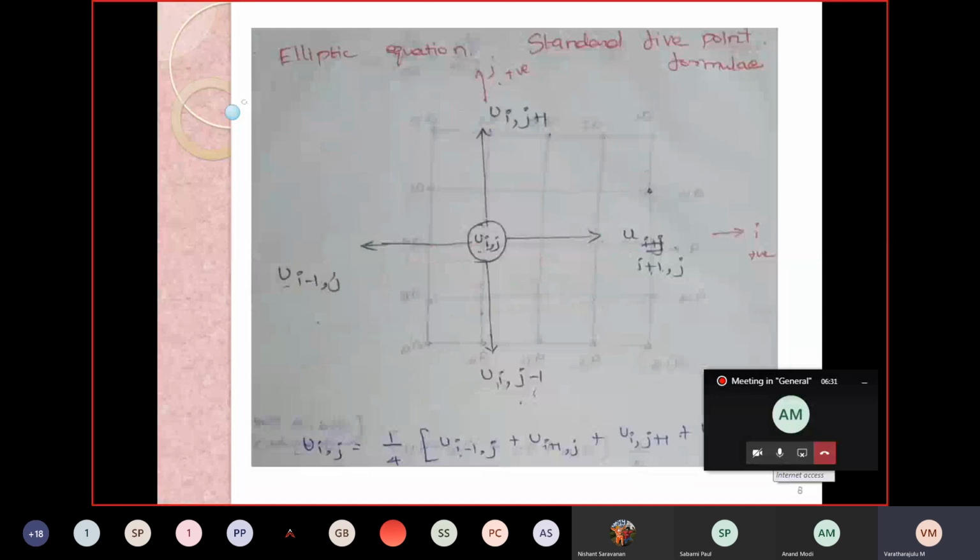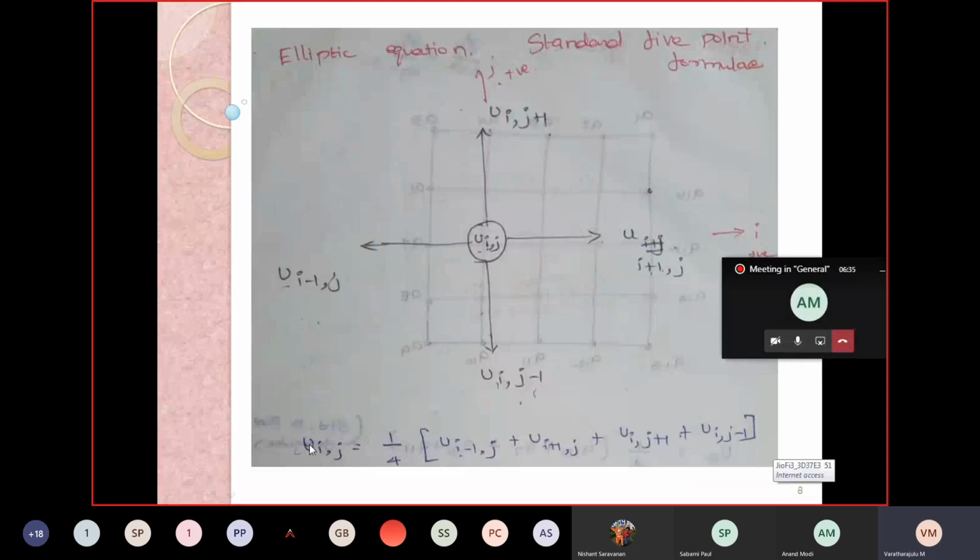And this is the standard 5-point formula. See here, uij is equal to 1/4 of various boundaries. This 4 has to come here, and when this 4 multiplies with ui comma j, here also we have the mesh size.